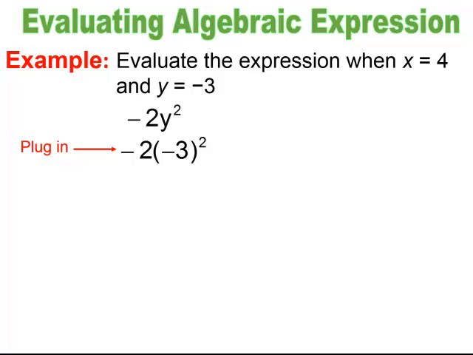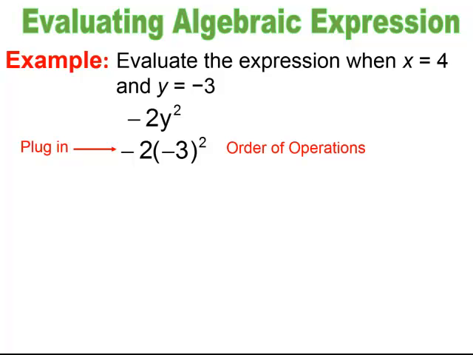Especially with something like this, you want to make sure you're using order of operations, because order of operations means I have to do exponents before I multiply here. I can't multiply that -2 to that -3, because order of operations states you have to do the exponent first.